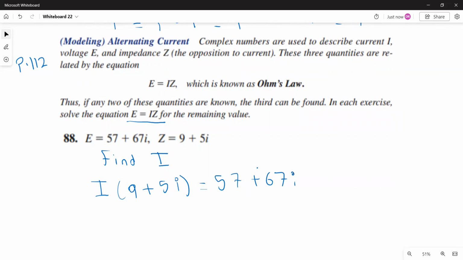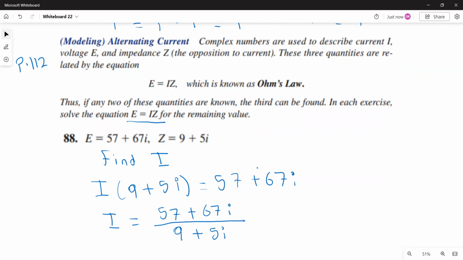This means that I is a quotient of complex numbers. So we're going to write this in the form a plus bi.